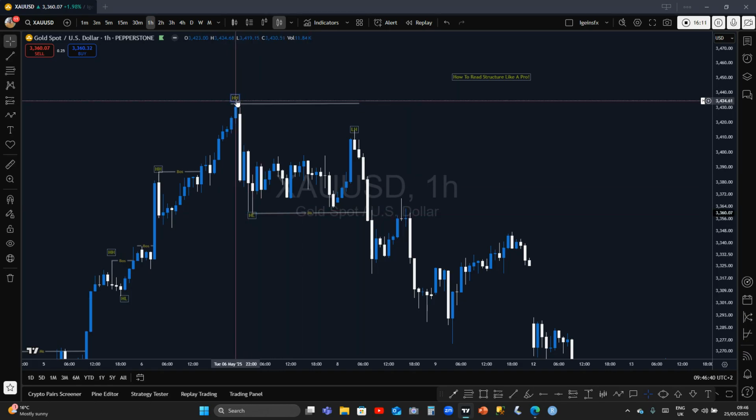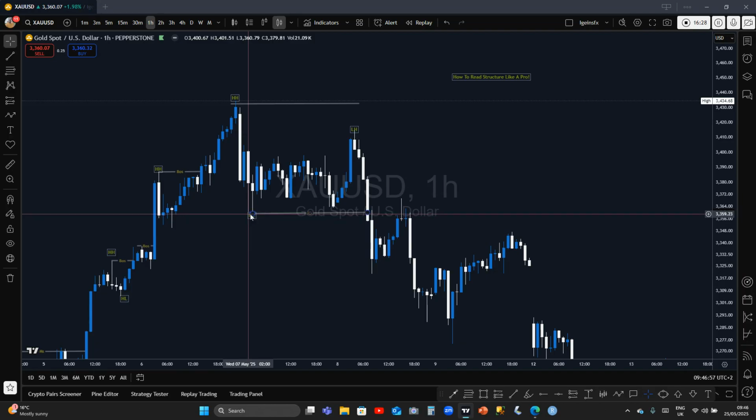This is a resistance. Let me use those terms so that you guys will still understand. He created a resistance. He now retraces or pulls back to create a support, and he has created a support.